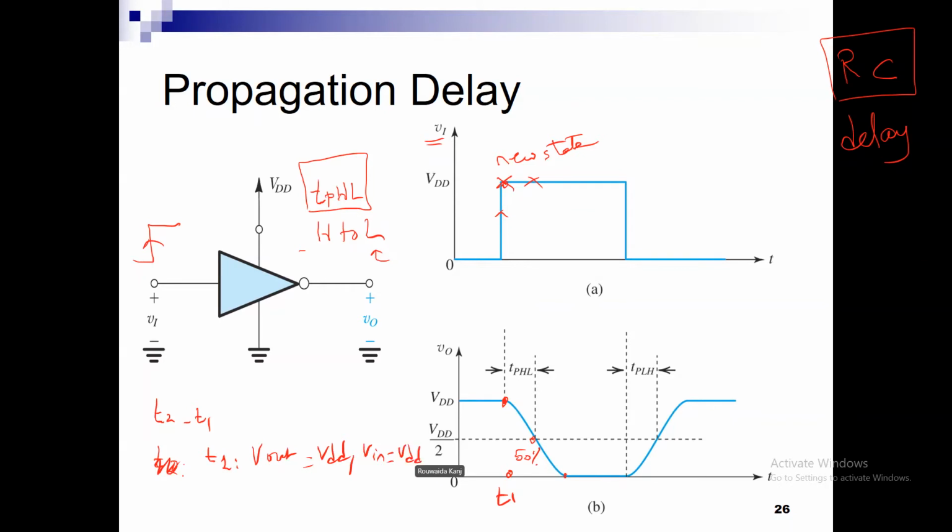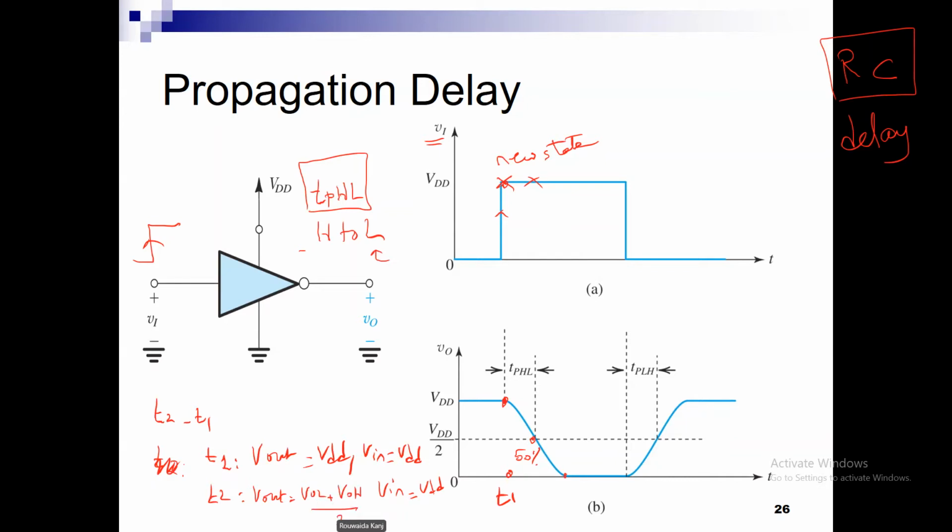At time point T2, Vn is of course VDD because it has switched, and my output has reached the 50% point, so my V out is really at VOL plus VOH over 2.